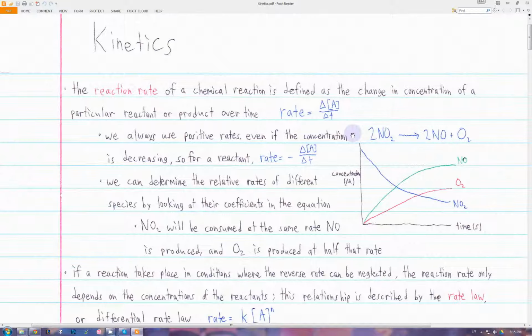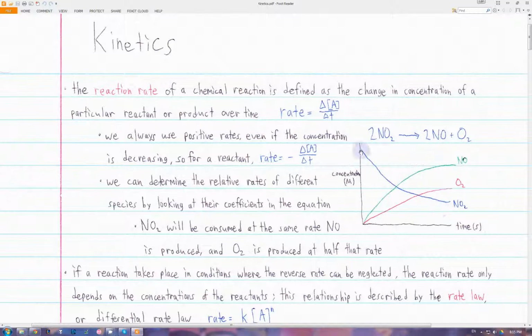So for example, we can't just say the reaction rate of this reaction. We'd have to say the reaction rate for NO2 or NO or O2. So here is a graph of the concentration of each of these species over time as the reaction progresses.